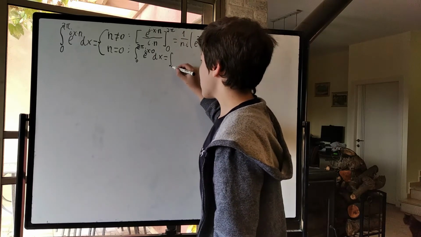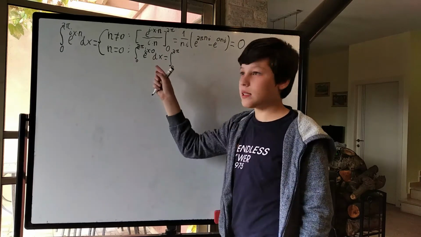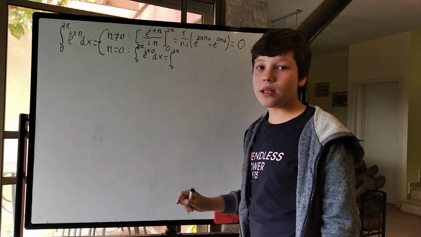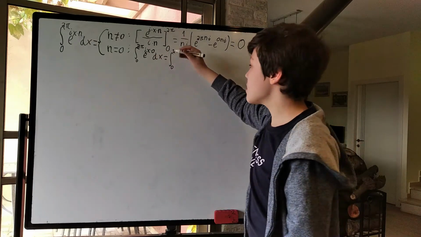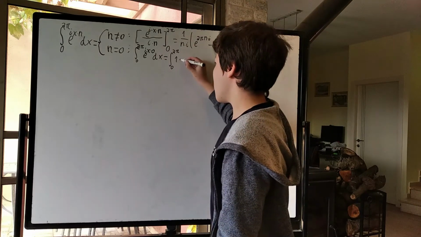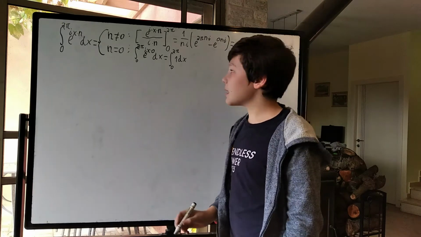Now let's see. 0 times i times something is going to be 0. Anything to the 0th power, except 0 of course, is 1. So we'll have the integral of 1 dx. But then that's easy.